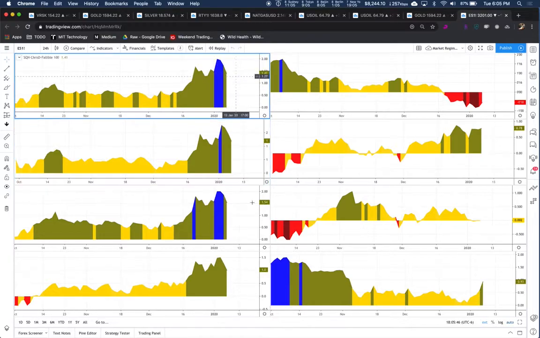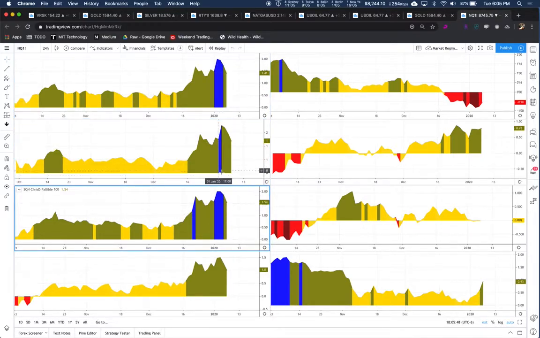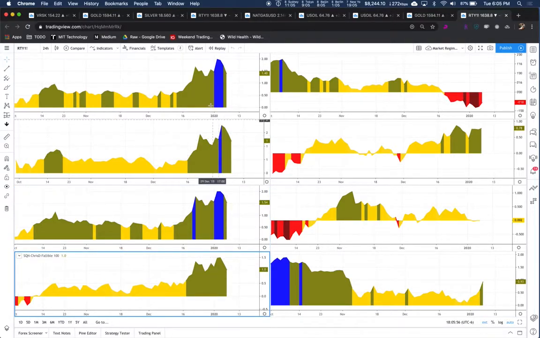But as far as the S&P and Nasdaq, that's going to be a lot more volatile, and it's not going to suit the trading strategy that I'm focused on at the moment. So if these were all bull volatile, I would move to a day trading bull volatile strategy. If they were all bear quiet or neutral, I would be looking at a day trading neutral intraday mean reversion type strategy.